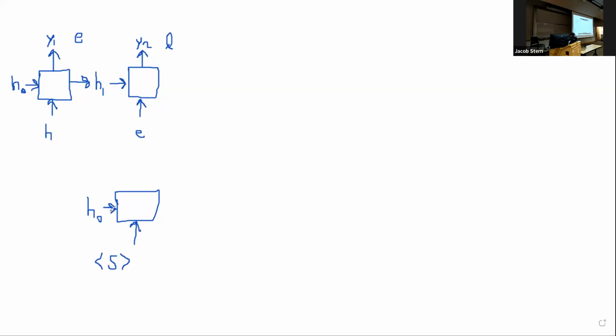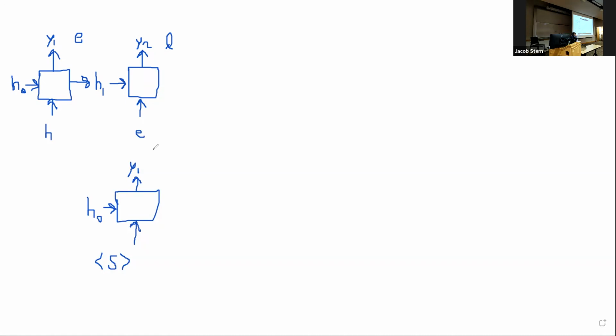And then what will be the size of what our network predicts for Y1? Any thoughts? You said the size of the source alphabet? Exactly. Yeah, that is exactly right.